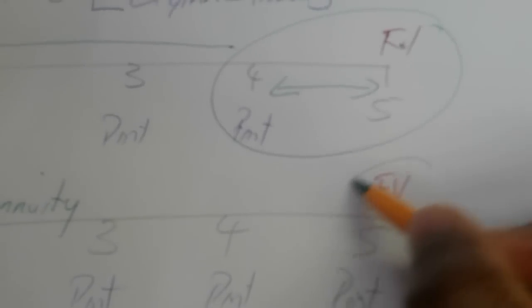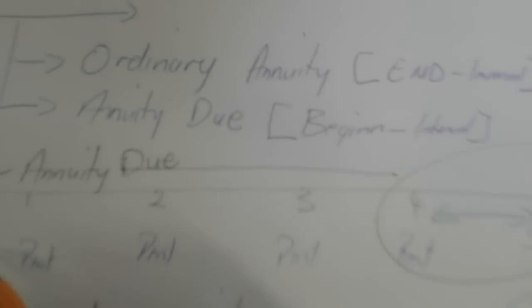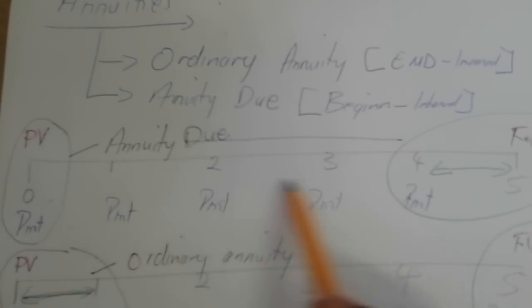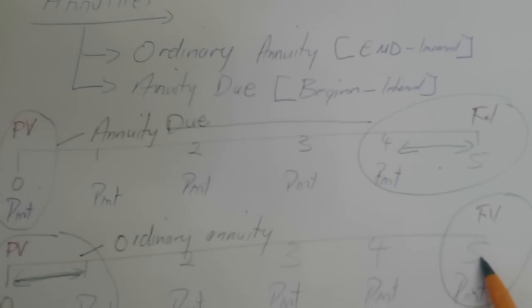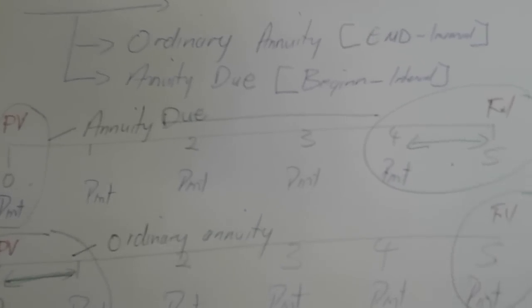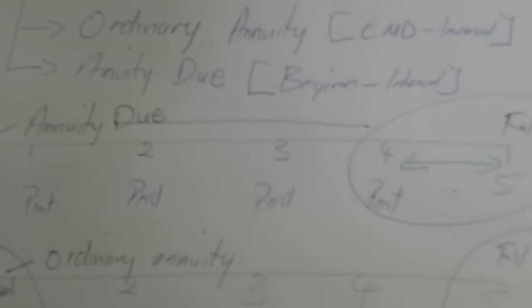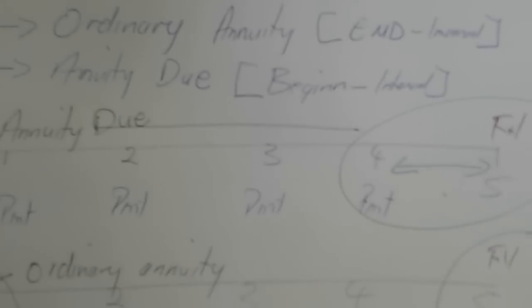Also, if your FV and your last payment are on the same date, it's an ordinary annuity. So this timeline is for an annuity due, and this timeline is for an ordinary annuity. So what does it mean when it's an annuity due or an ordinary annuity?